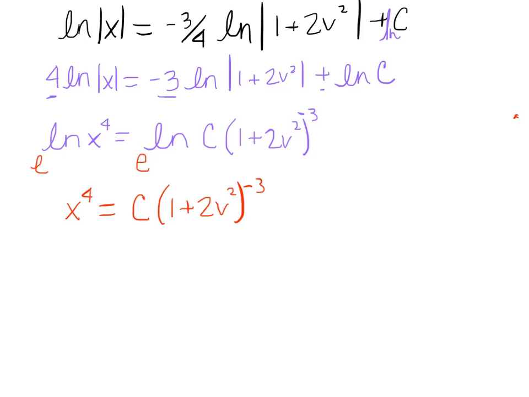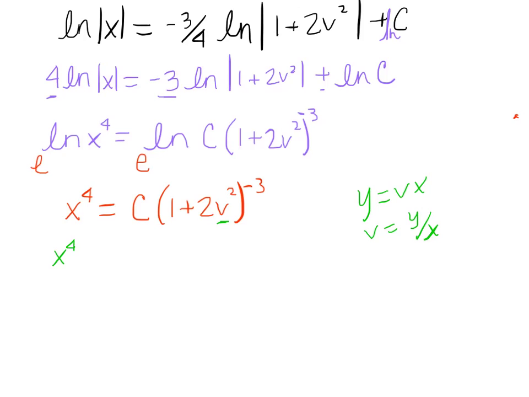Now I'm going to go back and use the fact that y was equal to vx. Solve that equation for v, so v is equal to y divided by x, and I'm going to plug that in now for every v.